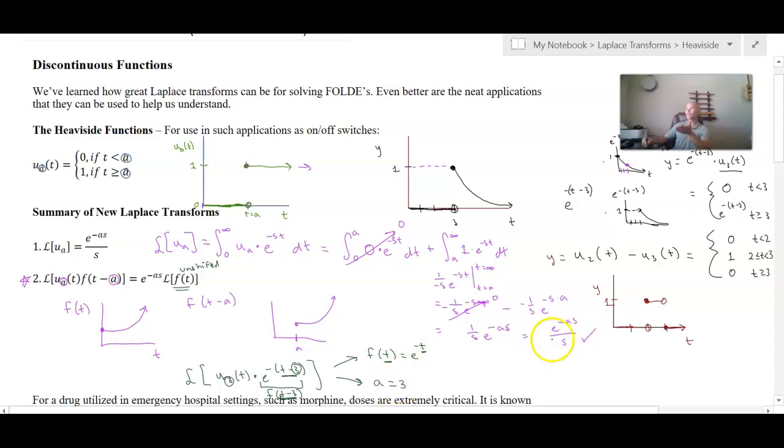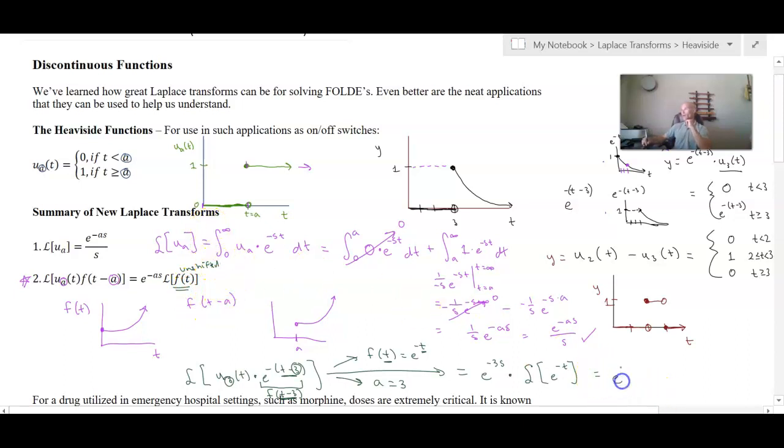Once you have those two pieces, the Laplace will equal e to the negative as, so e to the negative 3s, times the Laplace of e to the negative t. The reason we write it like this is because that function may be exponential, it may be sinusoidal, it may be whatever. So we don't know what its Laplace is until we know what that root function is.